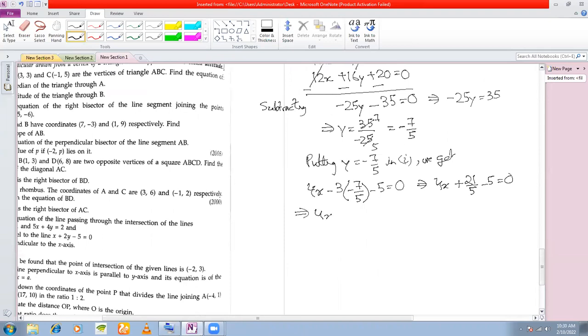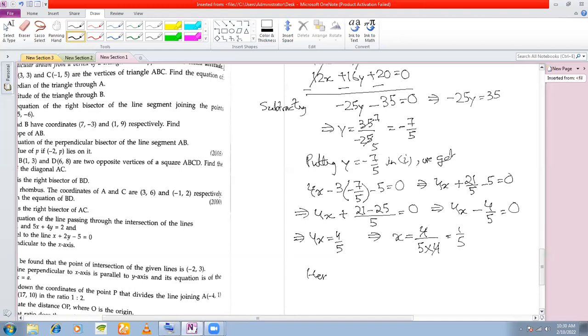Means you get 4x plus, take the LCM, 21 minus 25 equal to 0. You get 4x minus 4 by 5, so 4x is equal to 4 by 5. I divide both sides by 4. You get x is equal to 4 by 5 into 4. This cancels, so you get only 1 by 5.